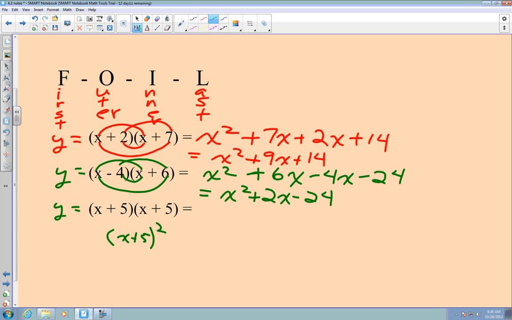If I have y equals x plus 5 times x plus 5, I still can do it the same way. x times x is x squared. Outer terms, 5 times x is 5x. Inner terms, 5 times x is 5x. And last terms, 5 times 5 is 25. So combine like terms.